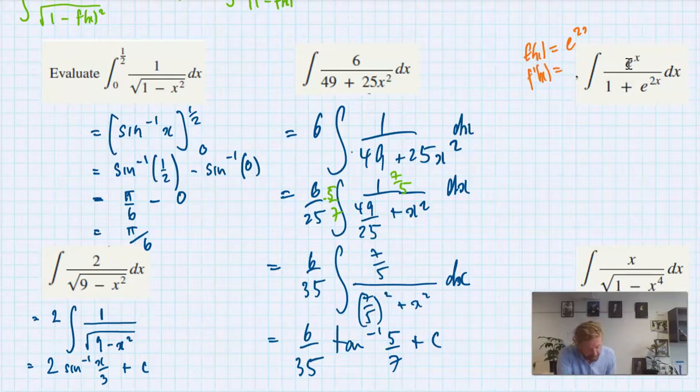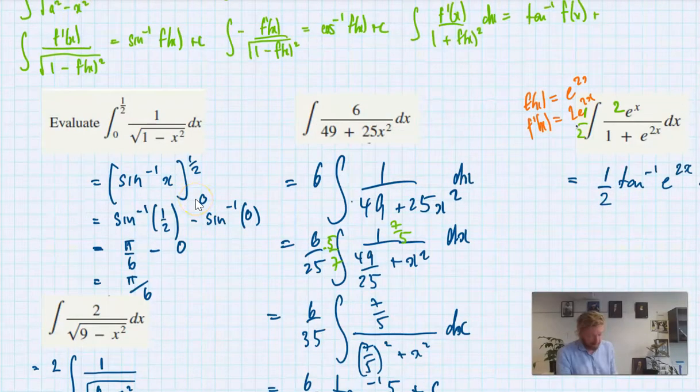So I want that 2e to the 2x on top. I'll pop a half out the front, and then I can jump straight to my answer, which is a half tan inverse e to the 2x, and I've got my little plus c.